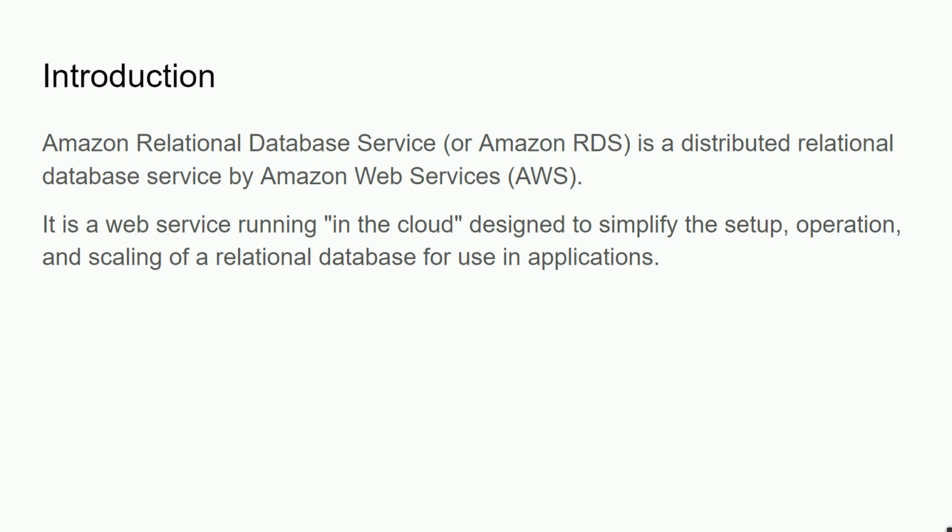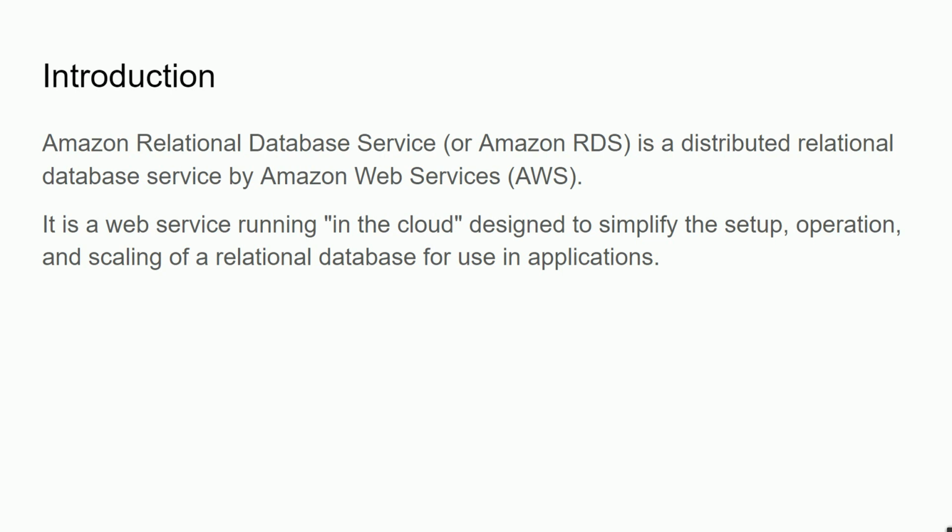Now we can set up a database as a platform as a service model, where we just need to subscribe to the service called RDS, and create a database, and the remaining things will be managed by Amazon. So Amazon Relational Database Service is a distributed relational database service by Amazon. Many cloud providers provide database services.